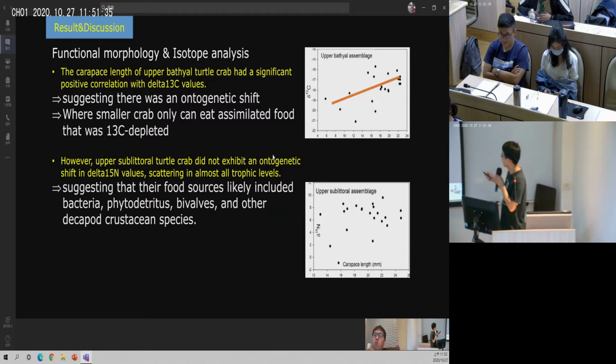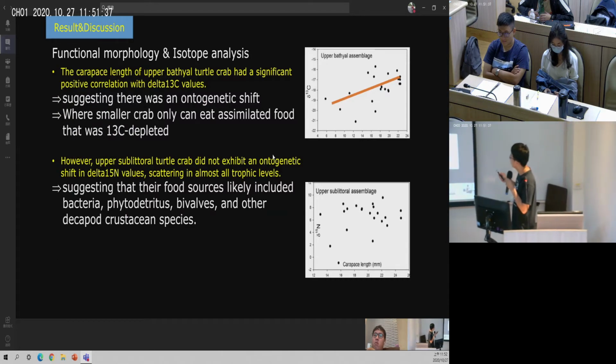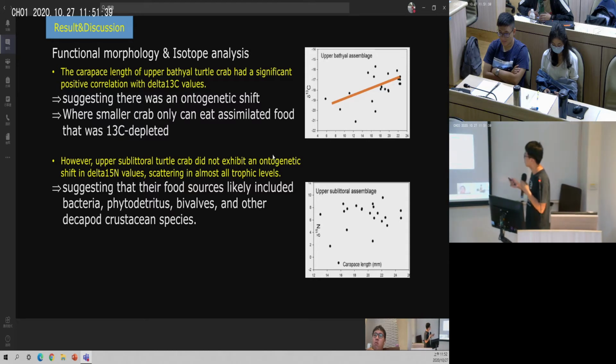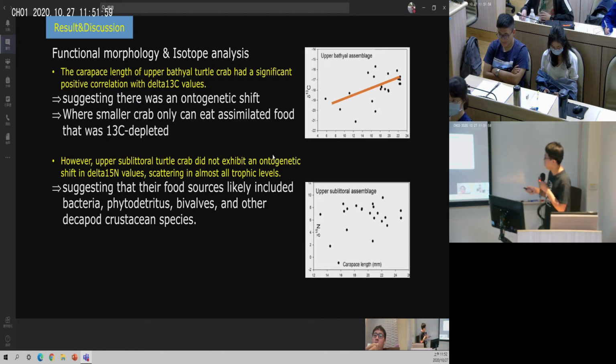And about the length I just mentioned, we can suggest that there's an ontogenetic shift, because when they're small, they cannot eat too big a carbon source. They can only eat none of the 13 carbon. So there might be an ontogenetic shift.